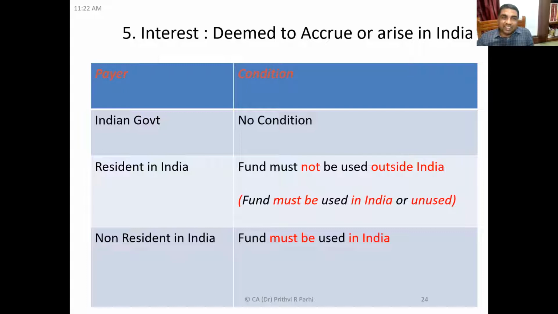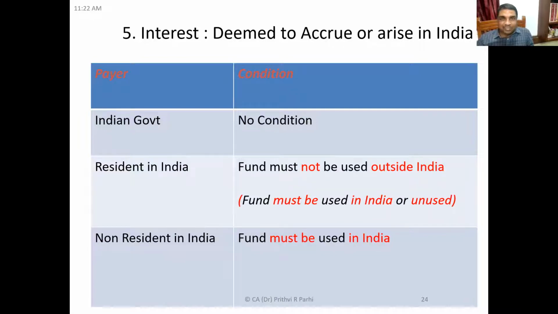And if the payer is a resident in India, like you and me, suppose we are resident in India and we are paying, then you have to see that funds must not be used outside India. That means either the funds must be used in India or the funds might be unused. But the law says the funds must not be used outside.